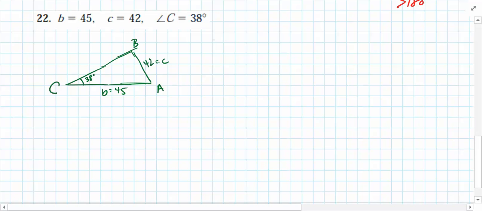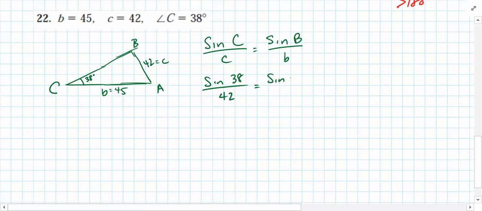Let's start with the law of sines. Sine of C divided by C must be equal to sine of B divided by B. So sine of 38 degrees divided by 42 must be equal to sine of B divided by 45.